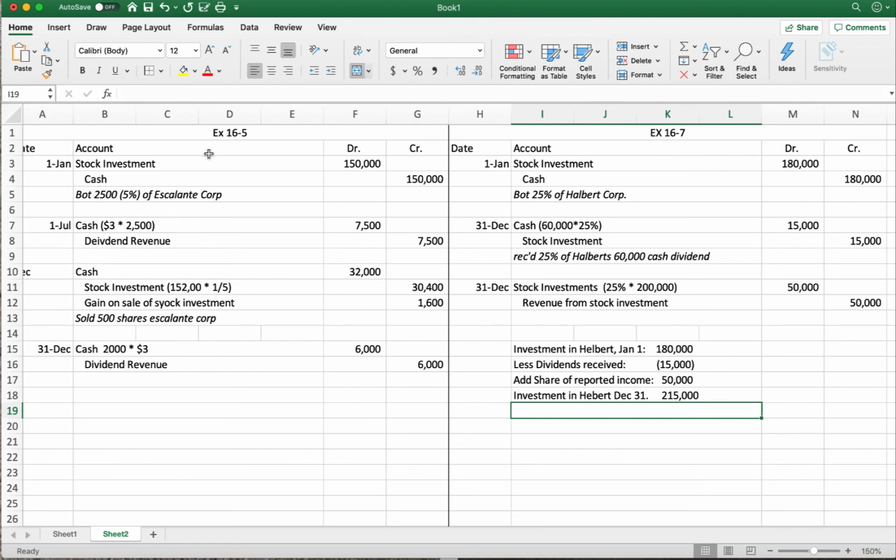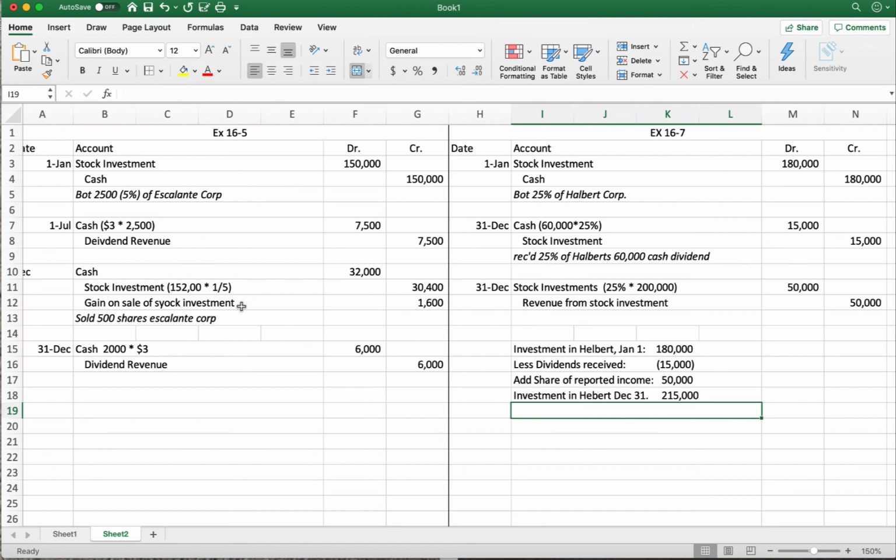Under the cost method, at 20% or less, say 19% or less, we debit cash, credit dividend revenue. However, in exercise 16-7, the equity method, we do not record dividend revenue. Since we're receiving a dividend, we report a decrease in the stock investment account.